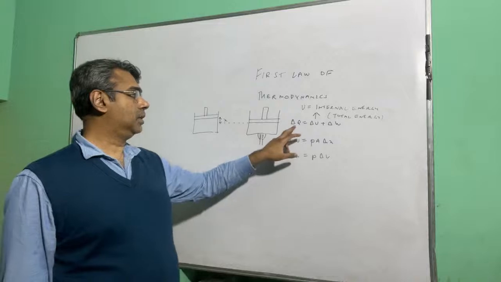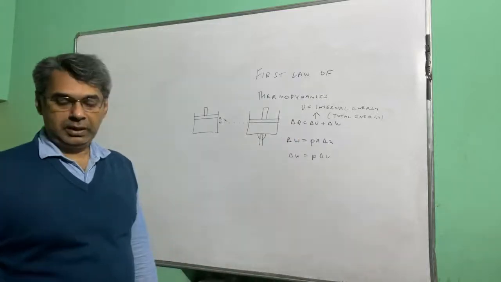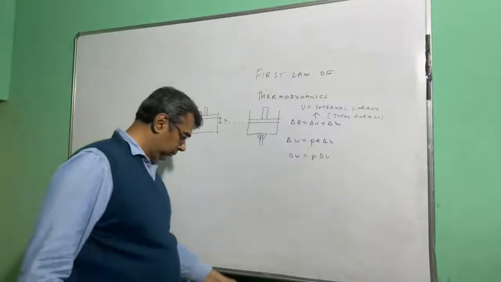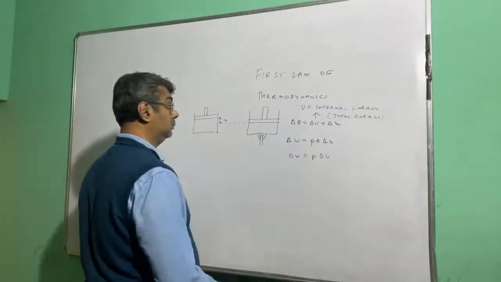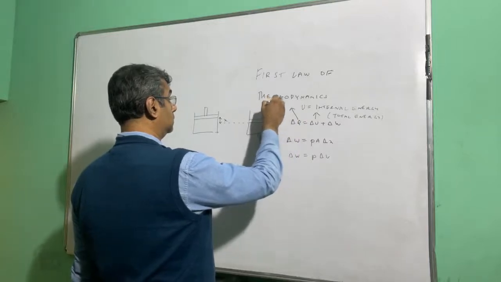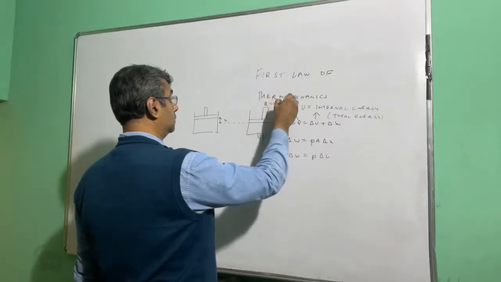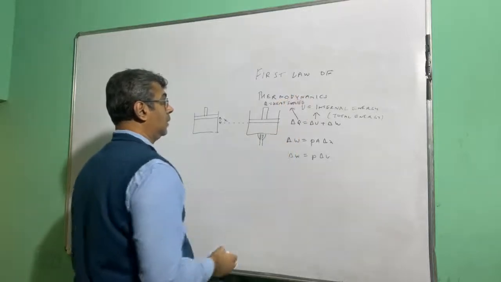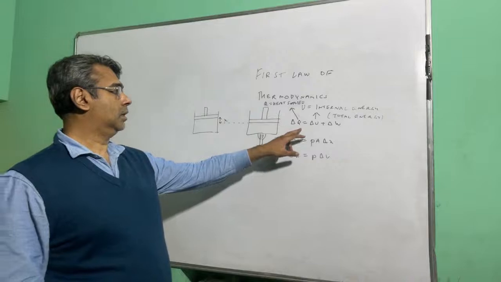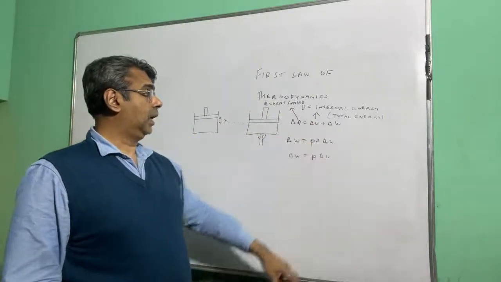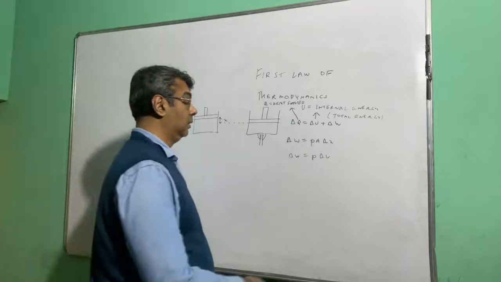So the heat supplied is delta Q. Q is the symbol for heat supplied, U is internal energy, and W is the symbol for work done.